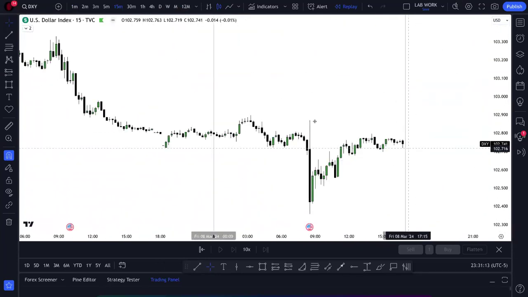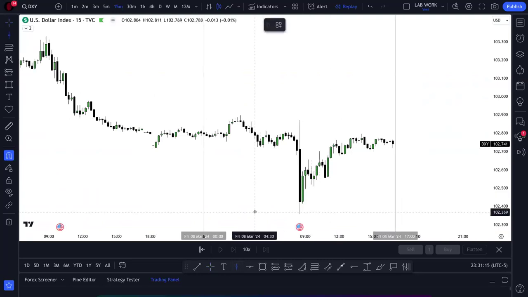NFP day looks just like UCAD too, right? Looks just like UCAD. 7 a.m. 10.